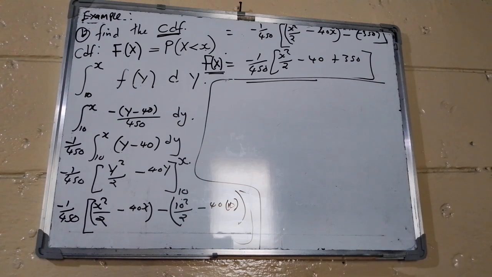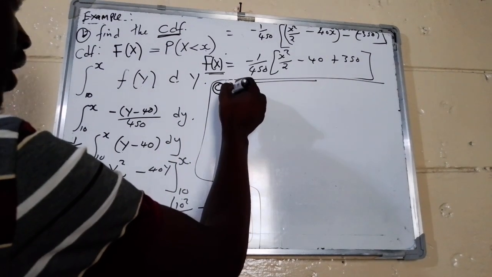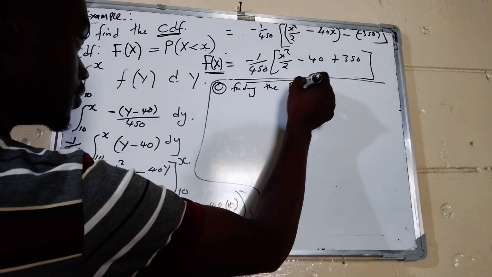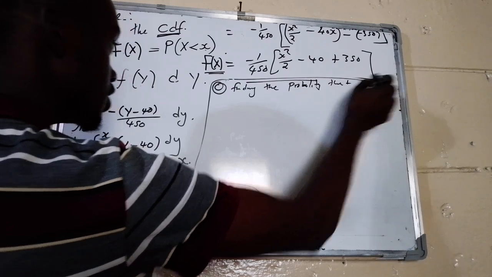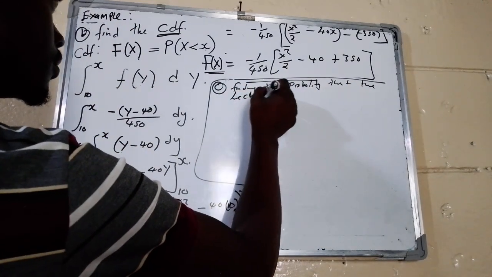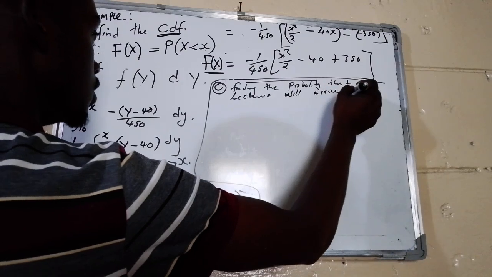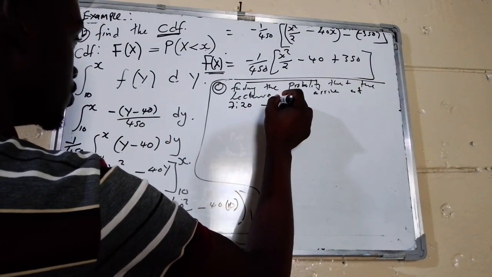That's what we are looking for now. So when you are finding the probability of the lecturer arriving at 7:20 to 7:30.